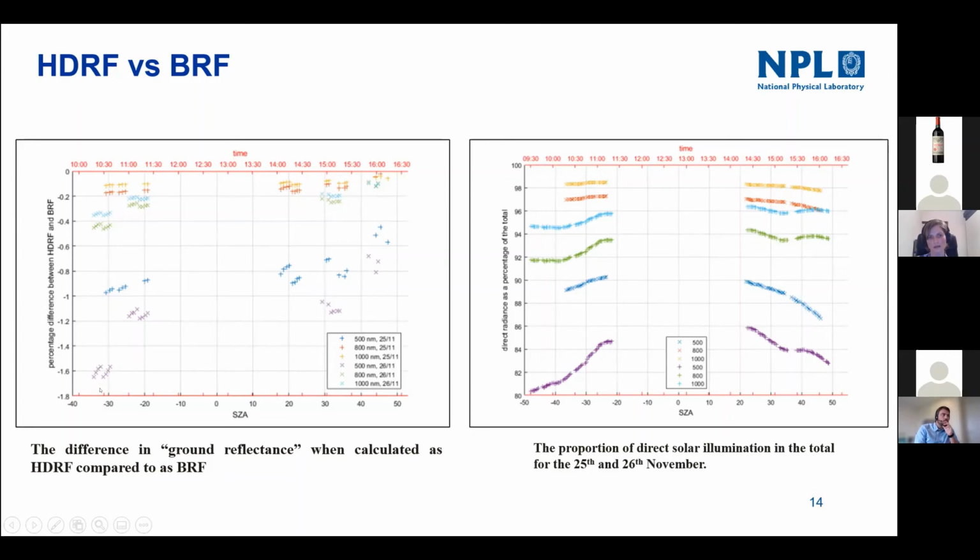And for some wavelengths, we can have a difference up to 1.6% or something like that. If we want to have very accurate in situ measurements, we should really try to eliminate the source of uncertainty which is related to wrongly applied spectral panel calibration.